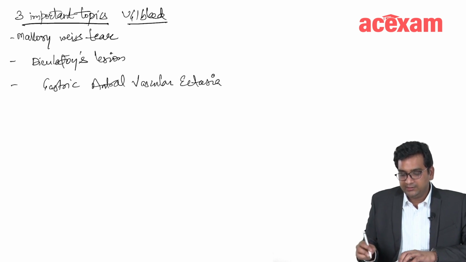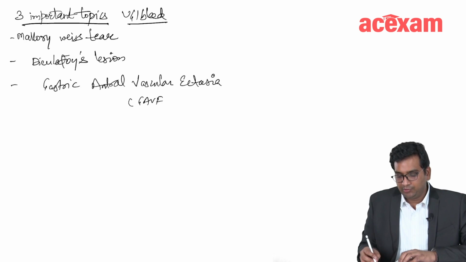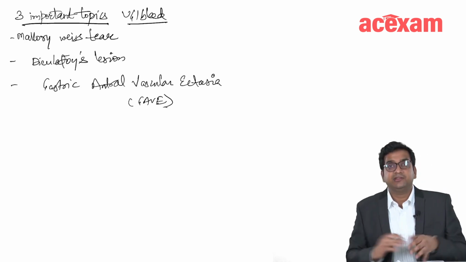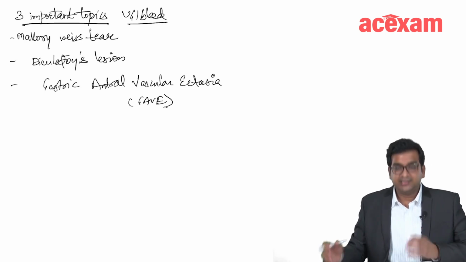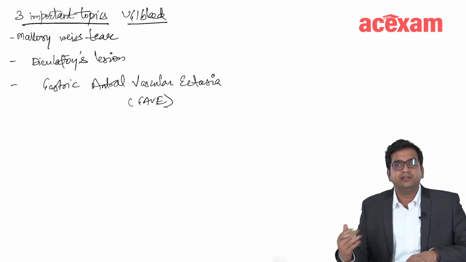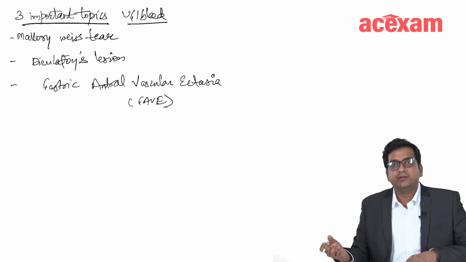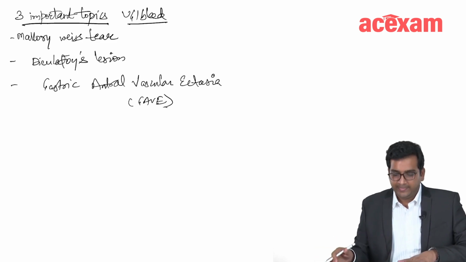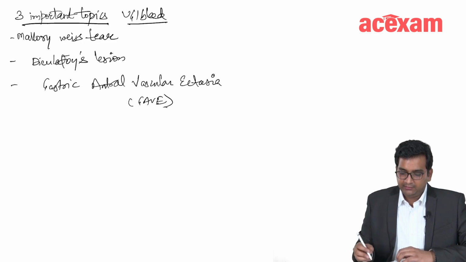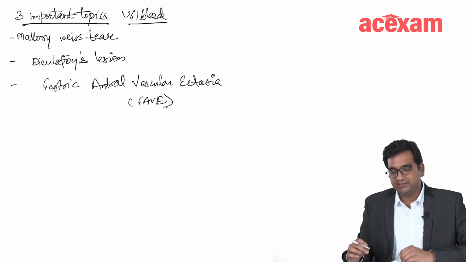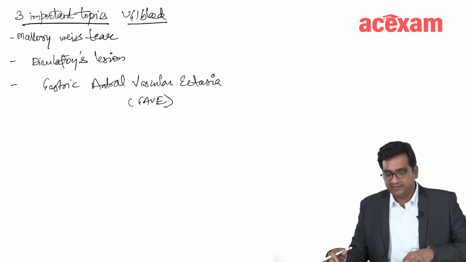These are the three other important topics associated with upper GI bleeding. And then there are esophageal varices or esophagogastric varices, which we will discuss in the portal hypertension topic separately. I'll briefly describe these three topics and then we'll discuss them in detail.